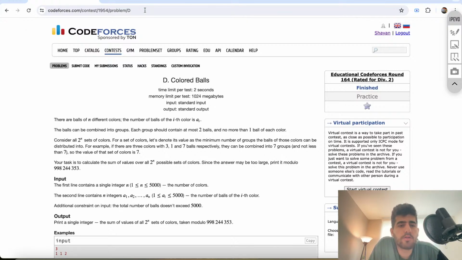There are balls of n different colors. The number of balls of the ith color is ai. The balls can be combined into groups.